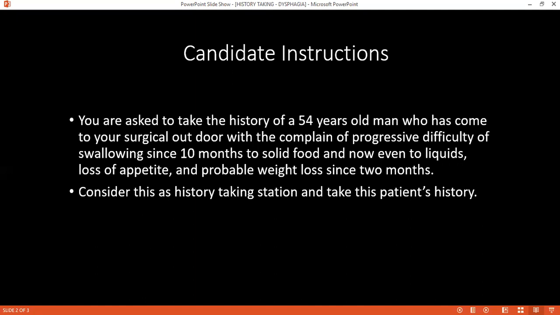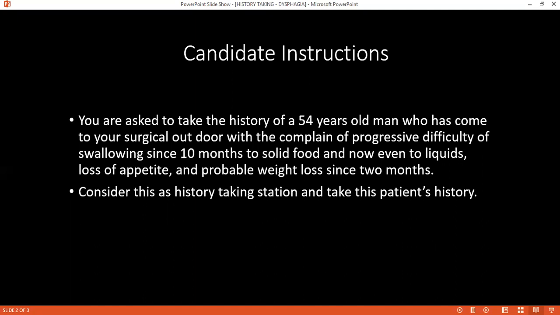Okay. Initially, sir, may I ask, was it initially to solids only or to liquids also? Initially, it was for solids. Now for liquids also. I'm very sorry, sir. Sir, do you feel any swelling or lump in your neck, sir? No, I don't feel anything.